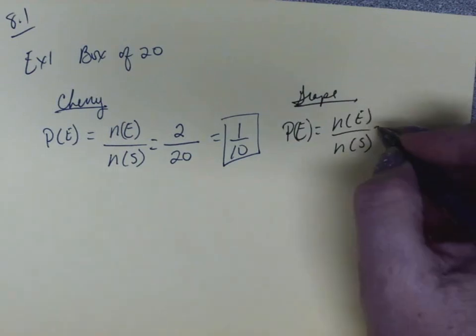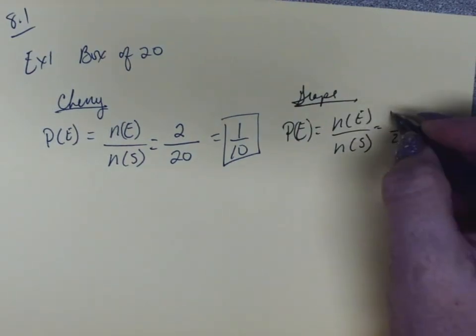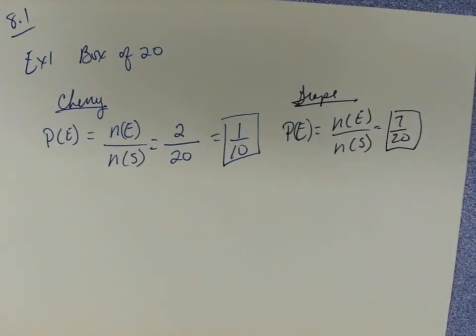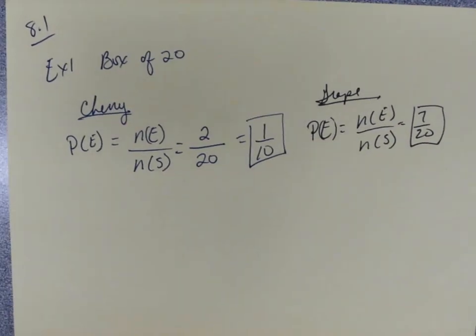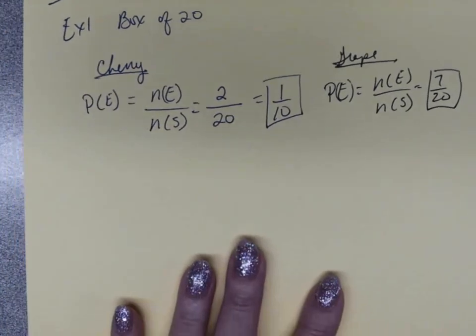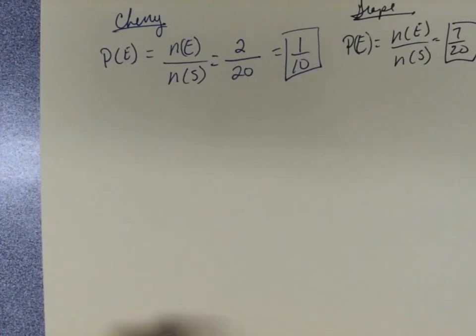So this will be equal to 7 out of 20. And this one won't reduce, so we are done. Okay? All right, example 2.